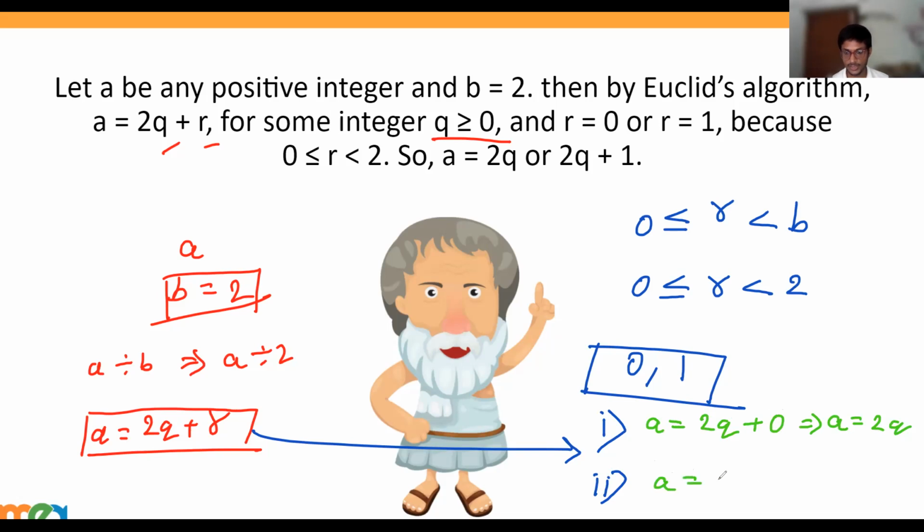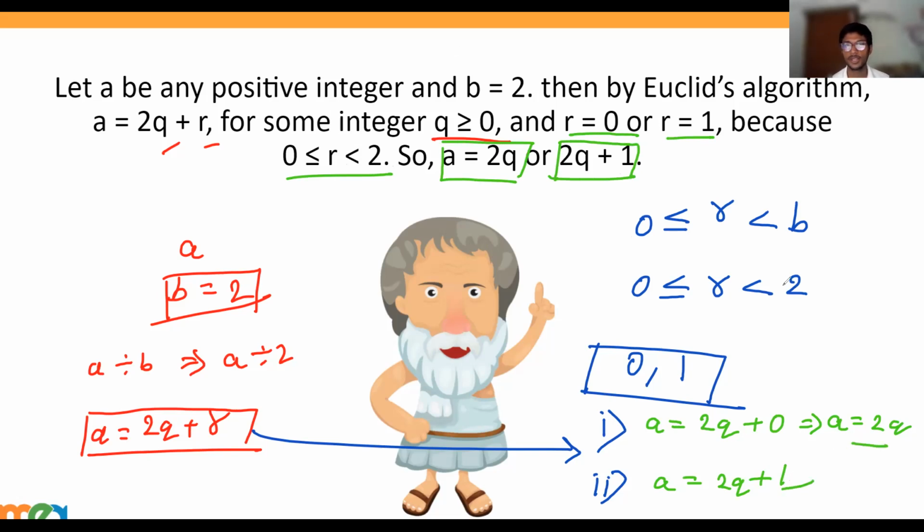In the second case, r is equal to 1, so a equals 2q plus 1. This is given here. r can be 0 or 1 because it is greater than or equal to 0 and less than 2. So a will be equal to 2q or 2q plus 1. These are the two possibilities.